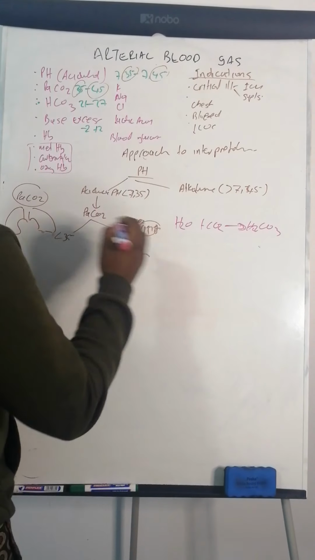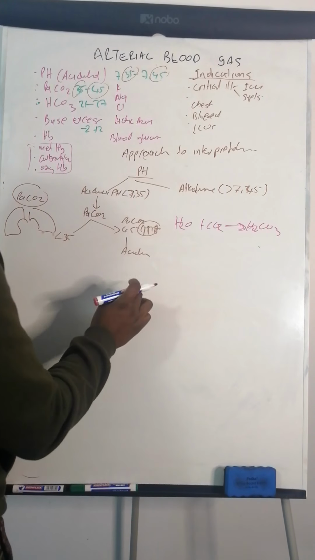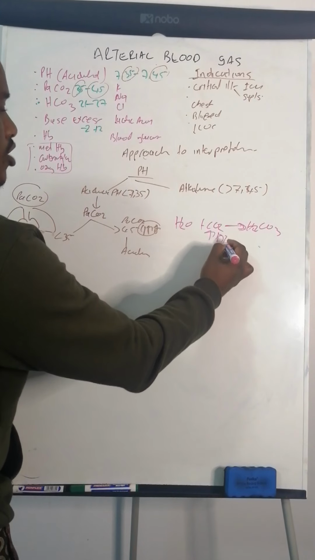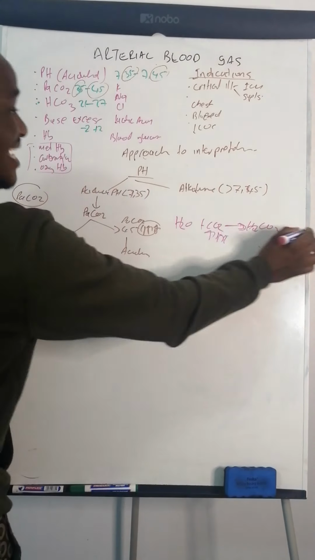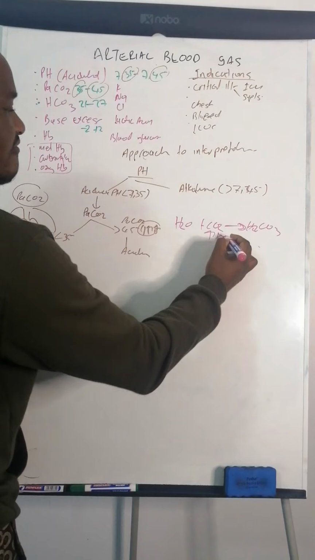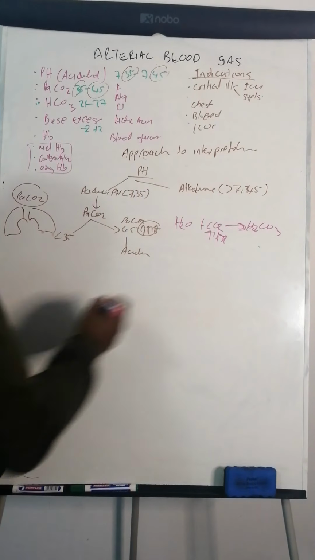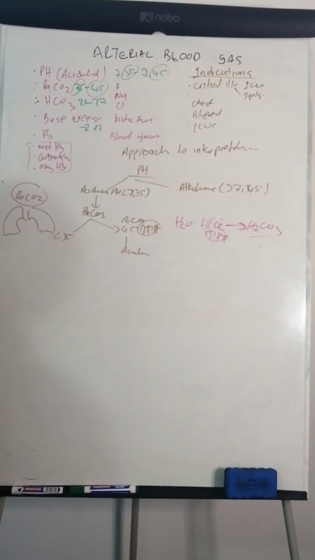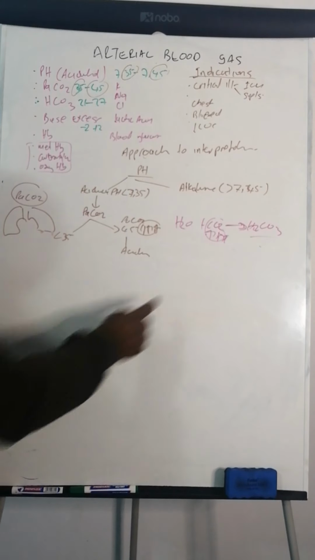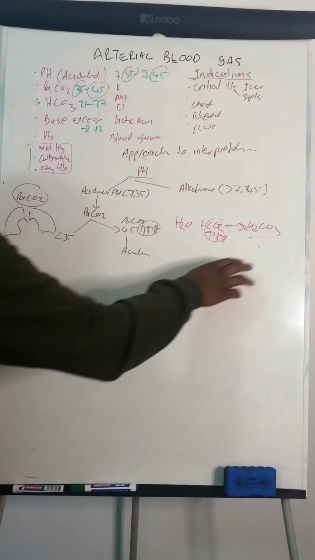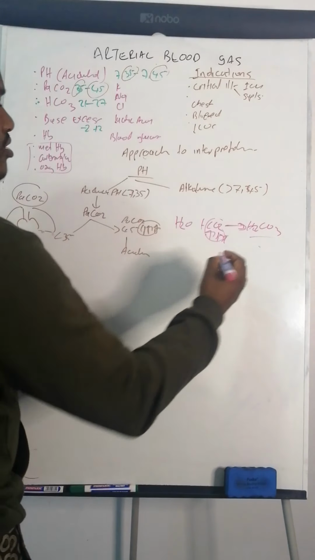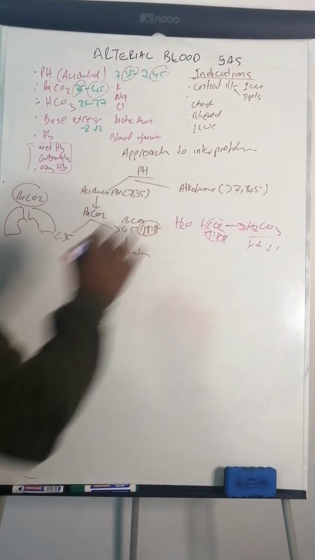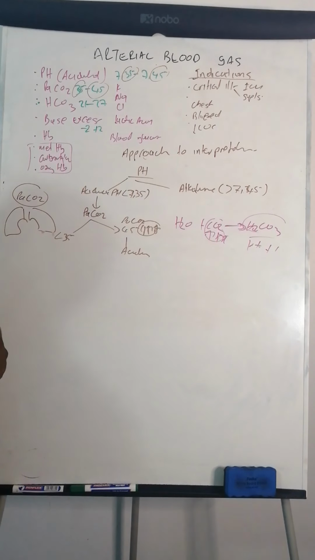So if you've got these two and then you increase CO2 as you are retaining CO2 in the body, you are pushing that reaction in that direction. Because you've got a CO2 buildup, a lot of CO2 combines with water and results in carbonic acid. So you get a lot of acid. Obviously, it's going to break down again into H plus and later on other products. But this is the most important part that I want you to remember.